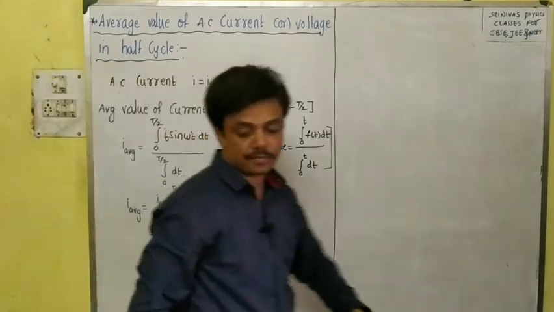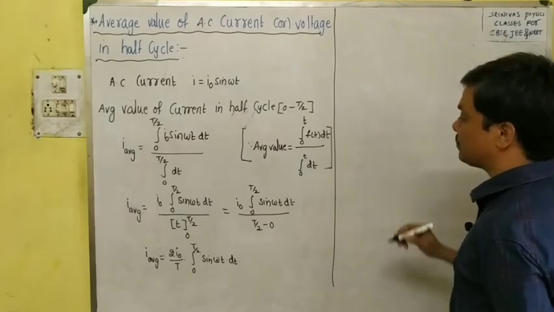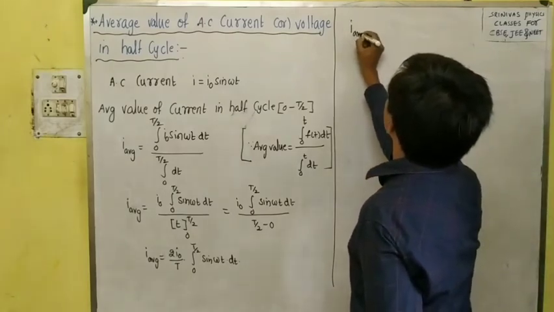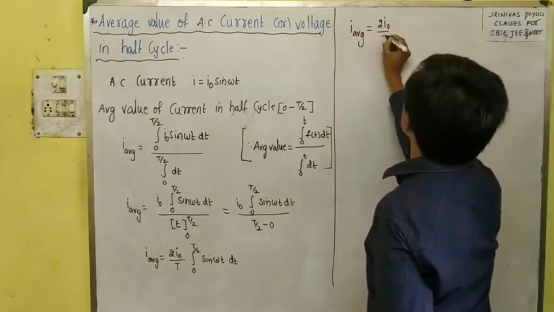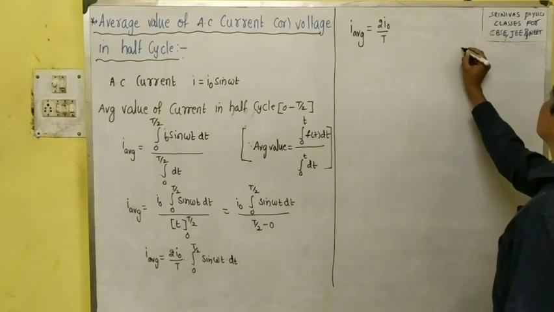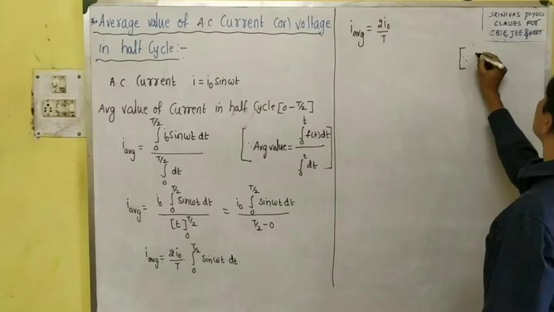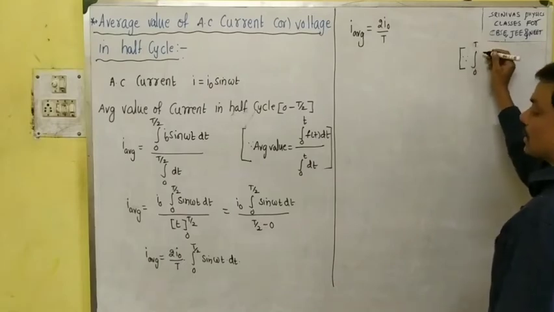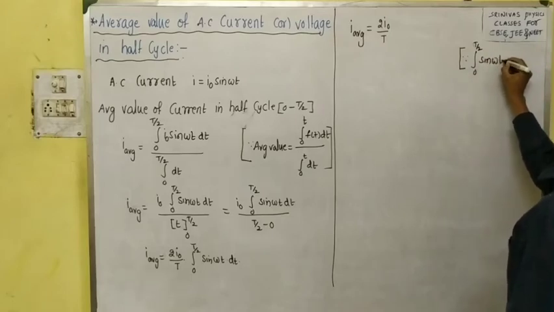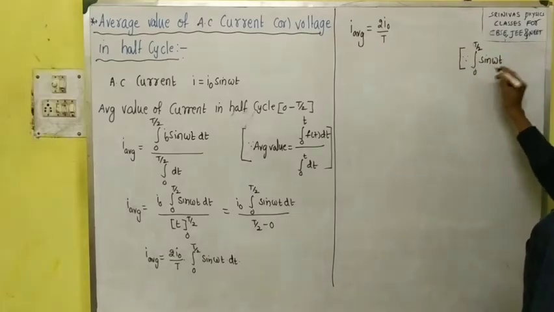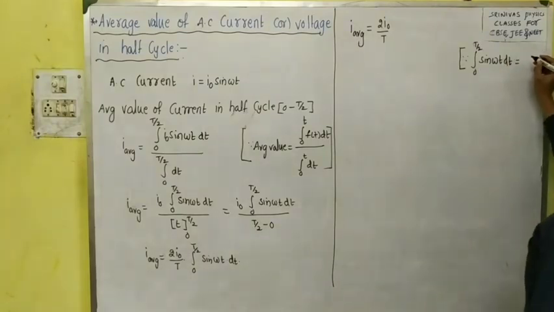Okay, right. Now let us go to the next continuation. Average value of current is 2 I naught by T into this one. You remember I already said that integration 0 to T of sin omega t dt is 0, but if the limits are changed to 0 to T by 2, then this value is T by pi.